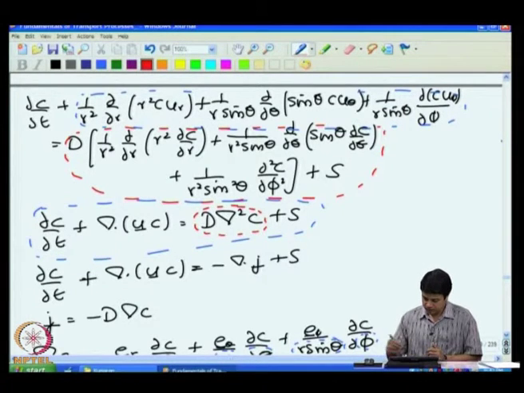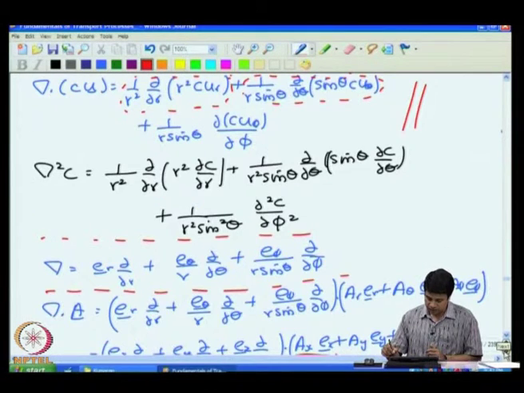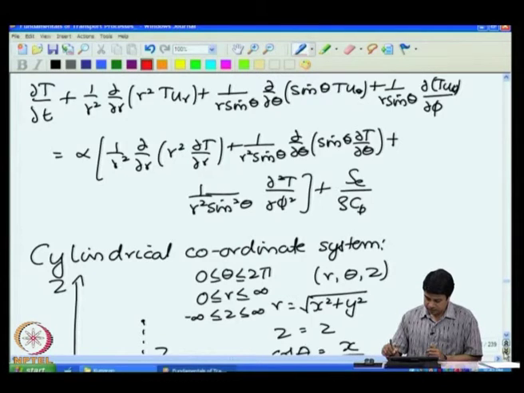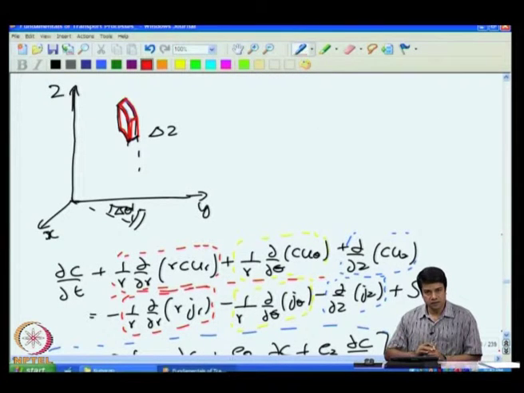And I had briefly shown you how to get equivalent operators in a cylindrical coordinate system by using a cylindrical shell with surfaces at constant r, constant z, and constant theta, where theta is the angle from the x axis of the projection of the radius vector onto the xy plane in a cylindrical coordinate system.